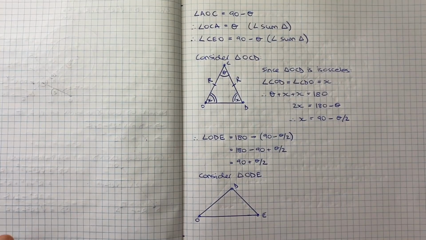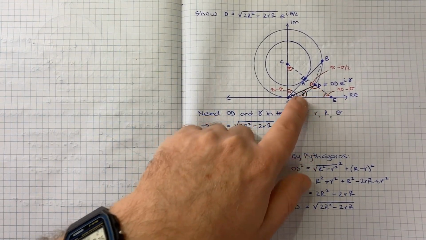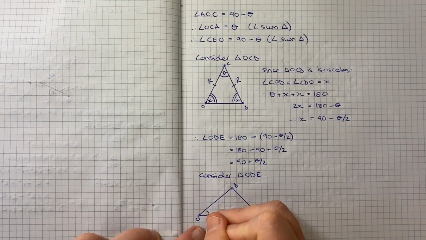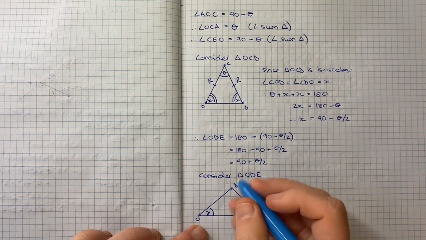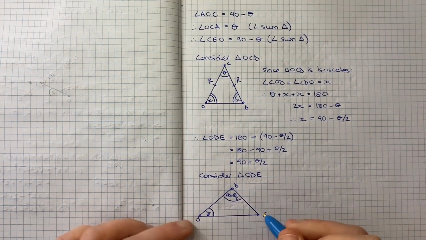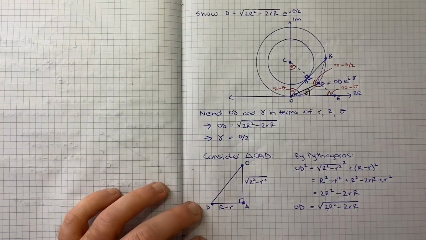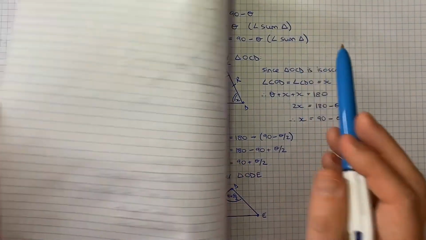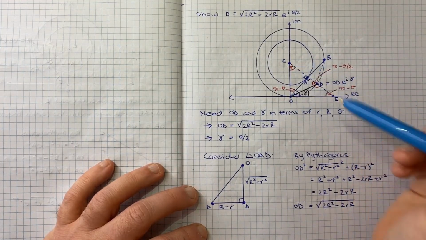Now remembering that angle DOE is gamma, that's what we're most interested in. Angle ODE we just worked out as 90 plus theta on 2, and angle DEO, we worked that out, angle DEO, we actually worked out as angle CEO, but it's the same angle.